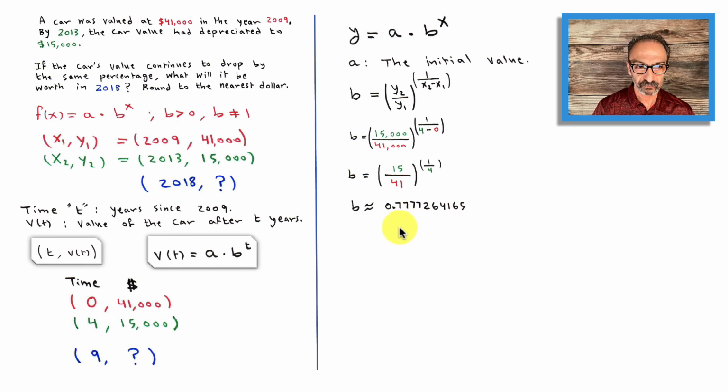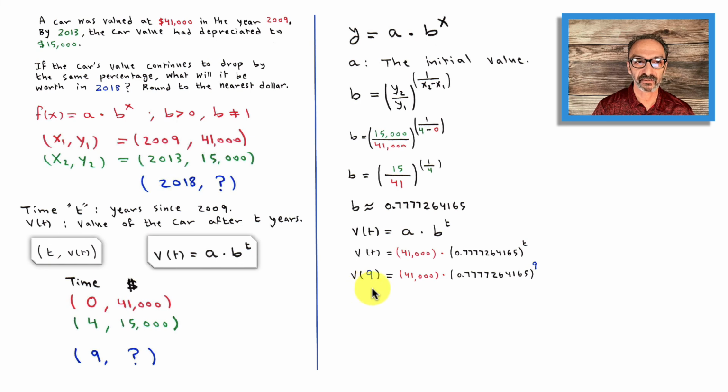So going back to the formula, V of t equals a times b to the power t, and b is what is written right here. I'm not going to read the whole thing, it's a waste of time. So we put it in. A is the initial amount, which is 41,000, and V of 9, that's what we want.